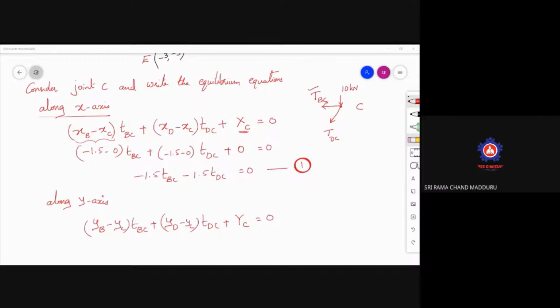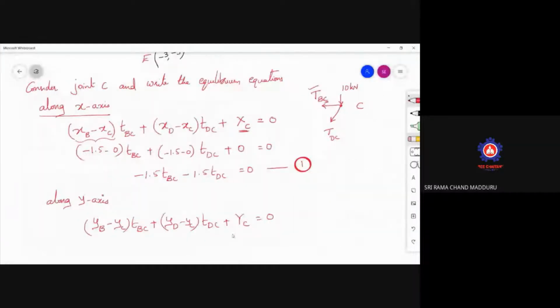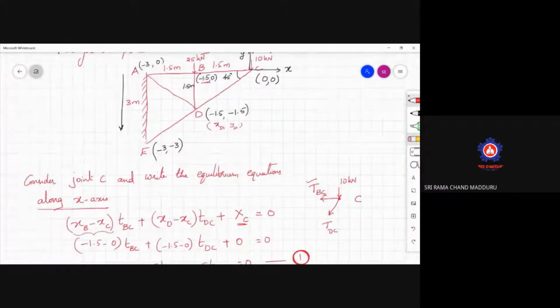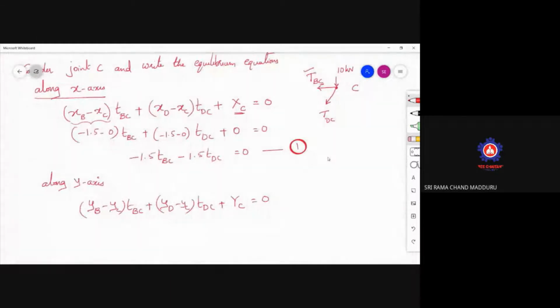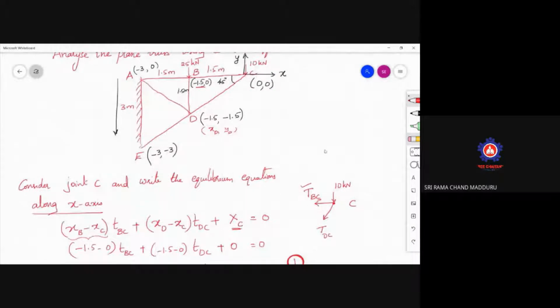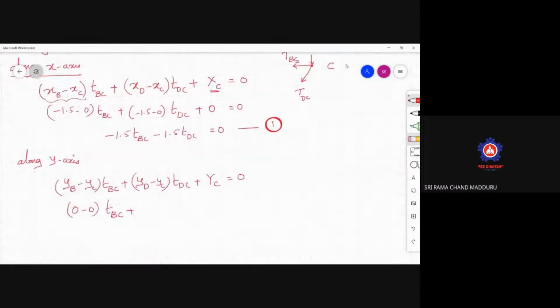Now substitute the coordinates along the y-axis. Just go to the diagram that we have written: yB is 0. So 0 minus 0 into TBC, plus yD, which is minus 1.5, minus 0 into TDC.